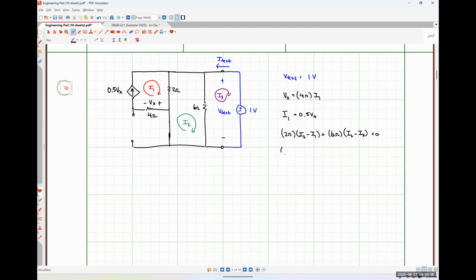And then our KVL equation around mesh 3 is going to be 6 ohms times (I3 minus I2) plus 1 volt is equal to 0.